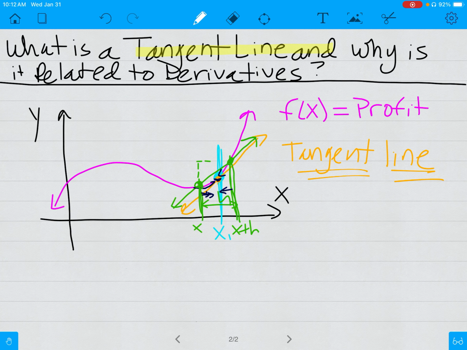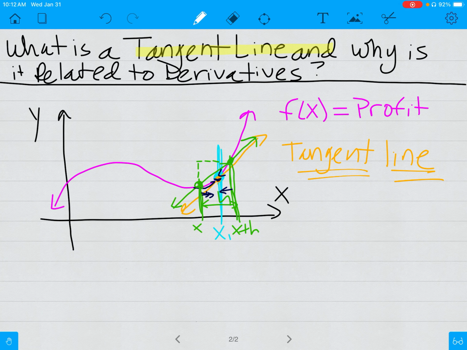And how far did I run? And then we create the quotient of those. We divide them, the rise over the run, so the change in y over the change in x, and that gives us our slope. Cool.